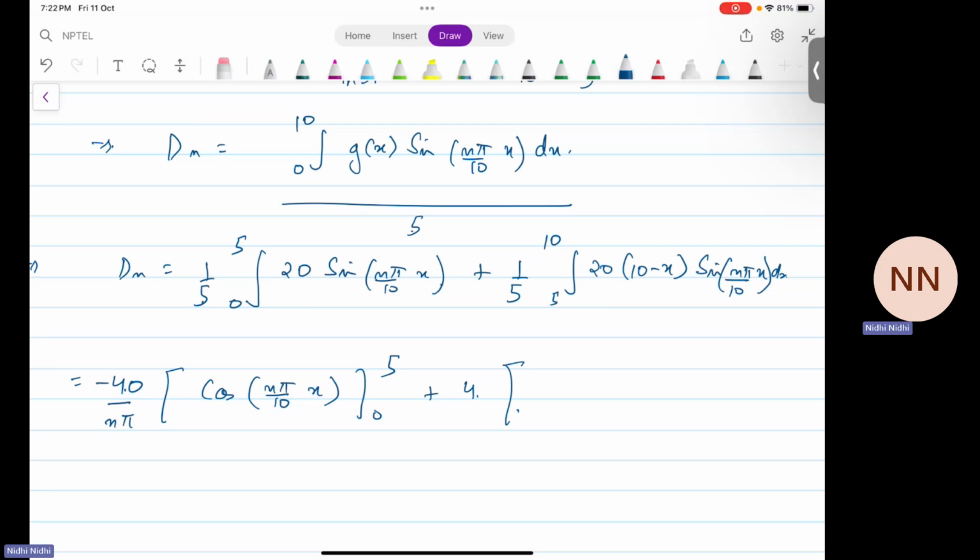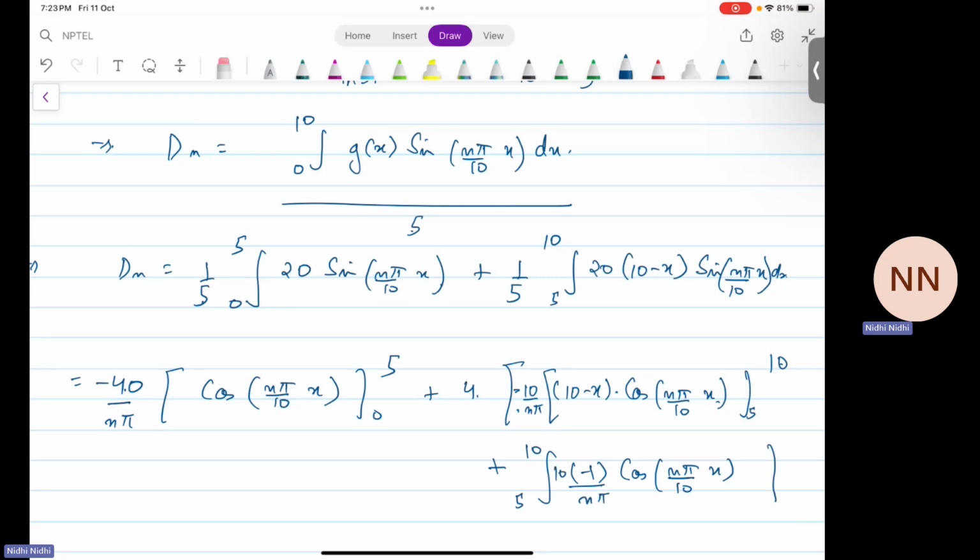Now here we will be using integration by parts. So this is 5 to 10, minus integration 5 to 10 of minus 1 times cos n pi by 10 x by n pi by 10.